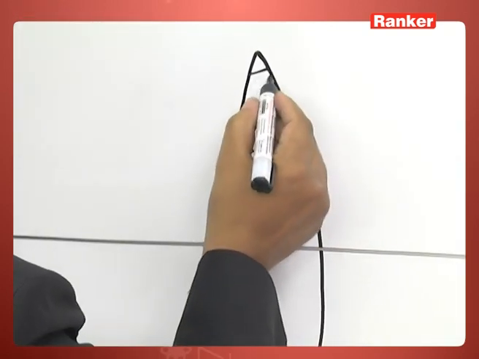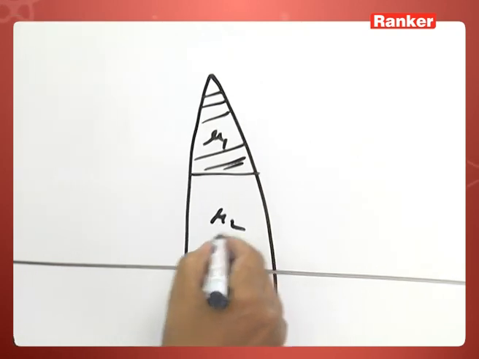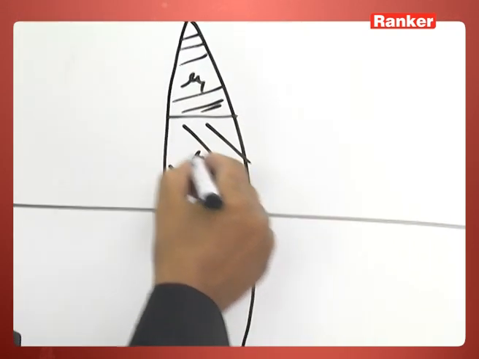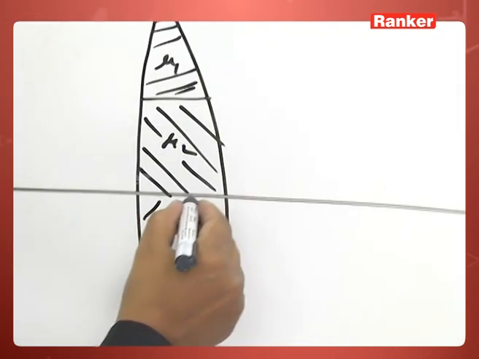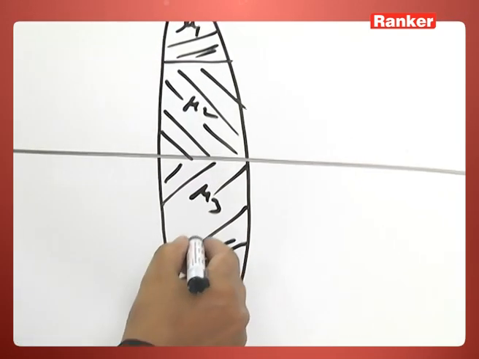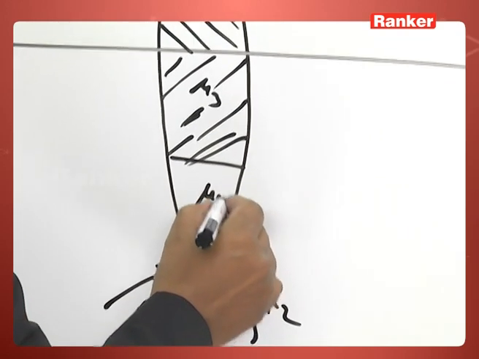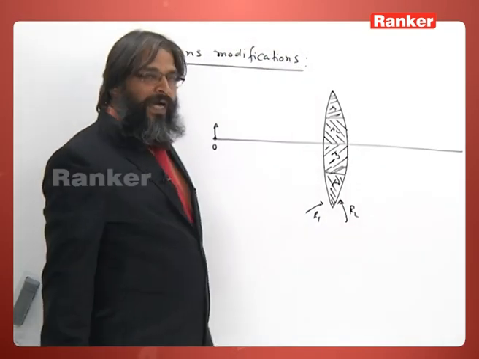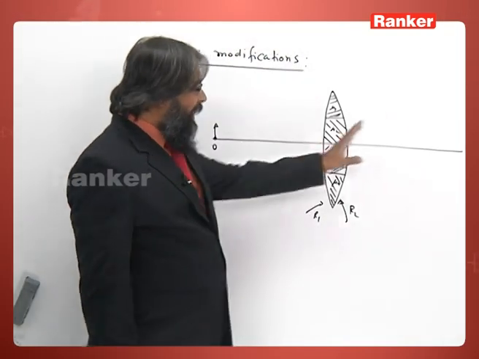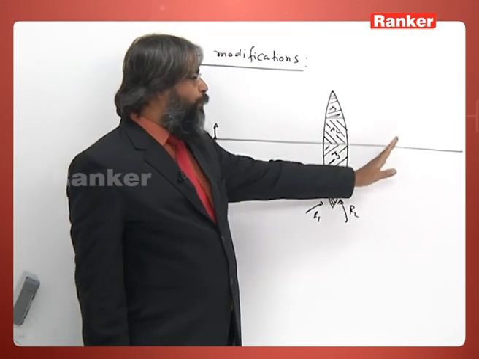Suppose this region has a refractive index mu1 and this region has a refractive index mu2. Again, this region has a refractive index mu3 up to here and this has a refractive index mu4. So, the question will be asked, how many images of this point object O will be formed this side?